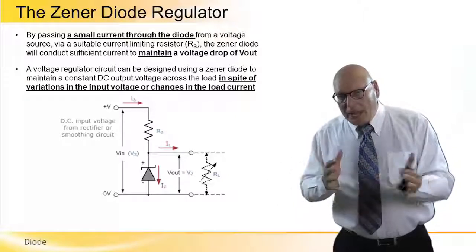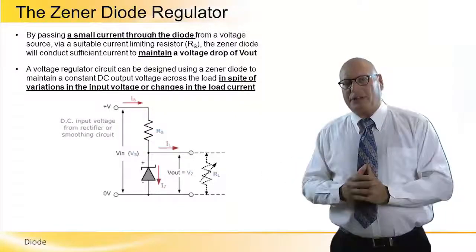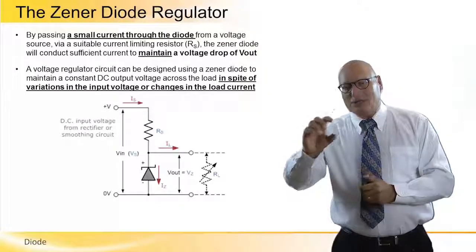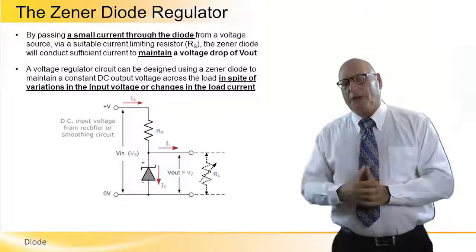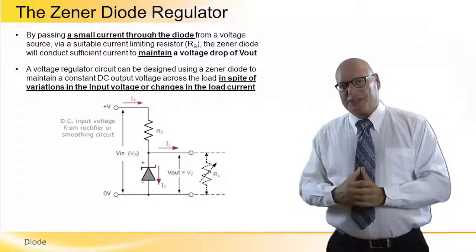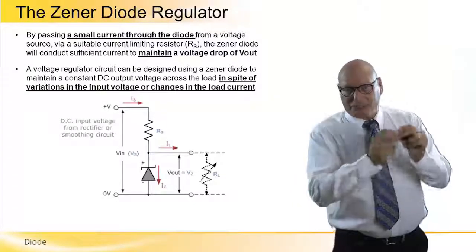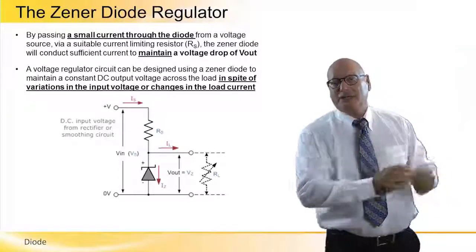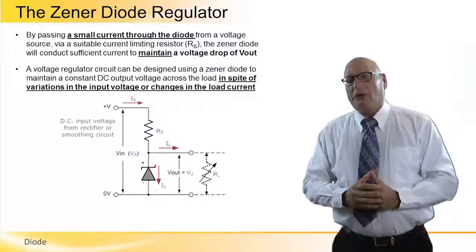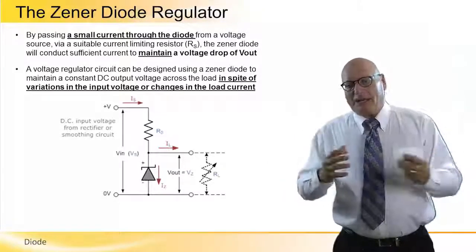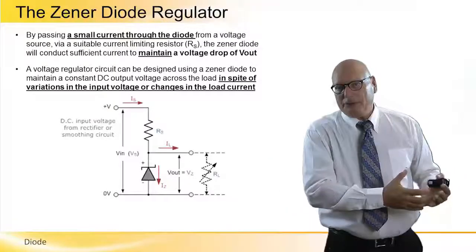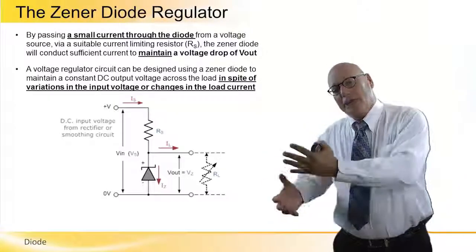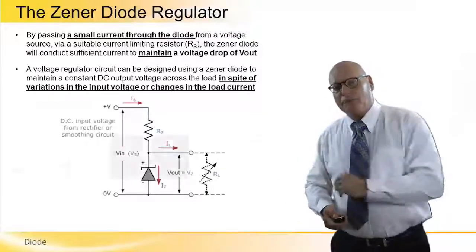So anything that happens on both sides of the Zener diode, because there is a constant DC output voltage across the anode and the cathode of the Zener diode, again based on the specific Zener diode technical specification, it basically eliminates the variations, number one, in the input voltage, number two, in behaviors of the loads at the output.